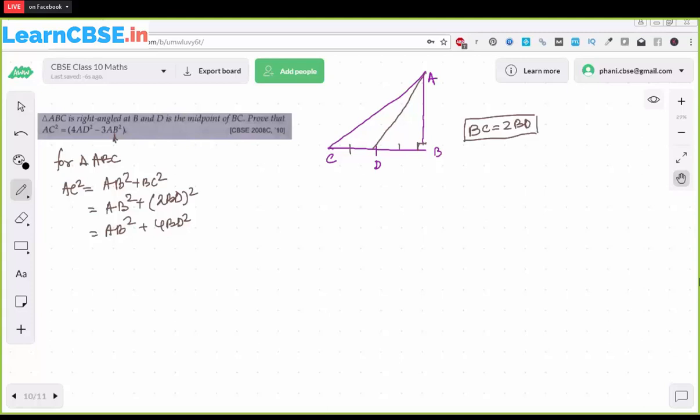Now, in place of BD square we can write AD square minus AB square, because for the triangle ABD, AB square plus BD square equals AD square.